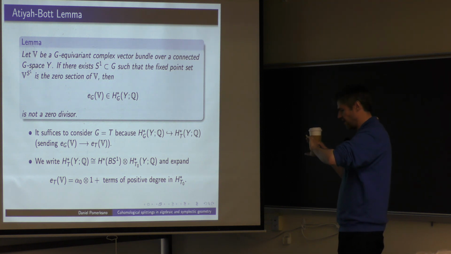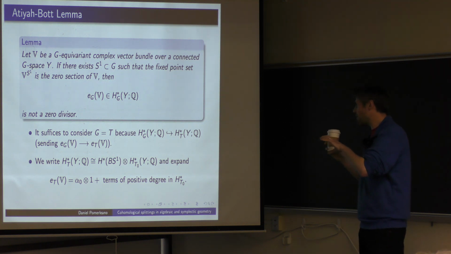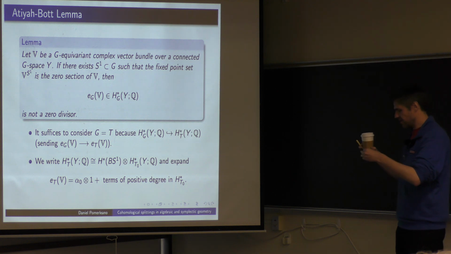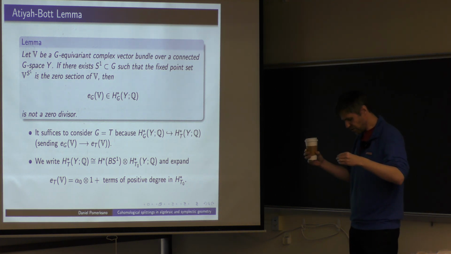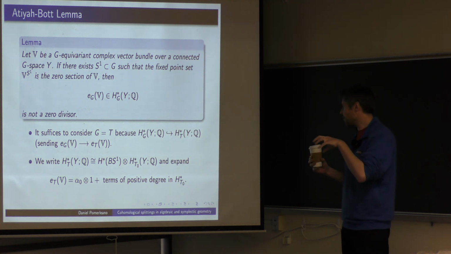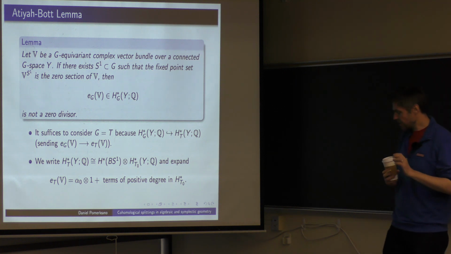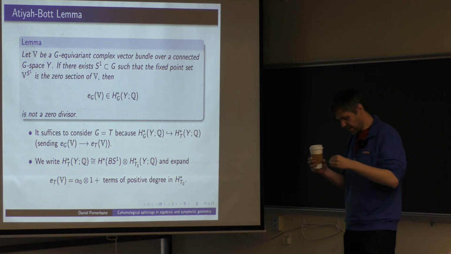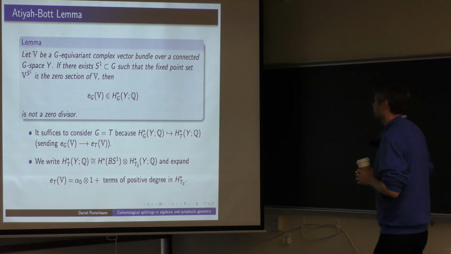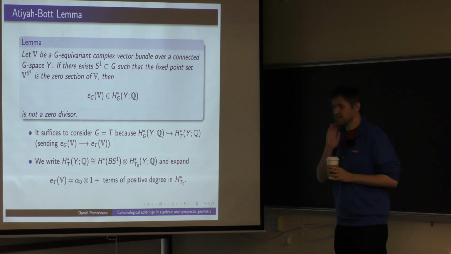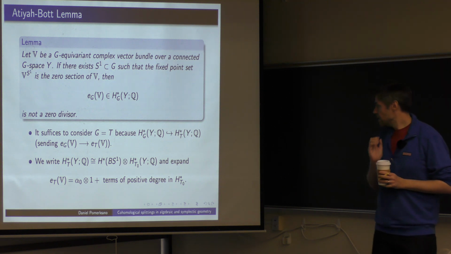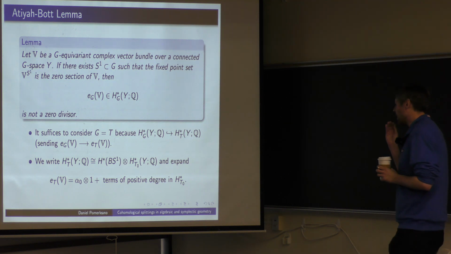So it acts trivially on the space, but non-trivially in the fibers. The fixed locus is exactly the zero section. And then in that case, the equivariant Euler class is not a zero divisor. So why is that so?